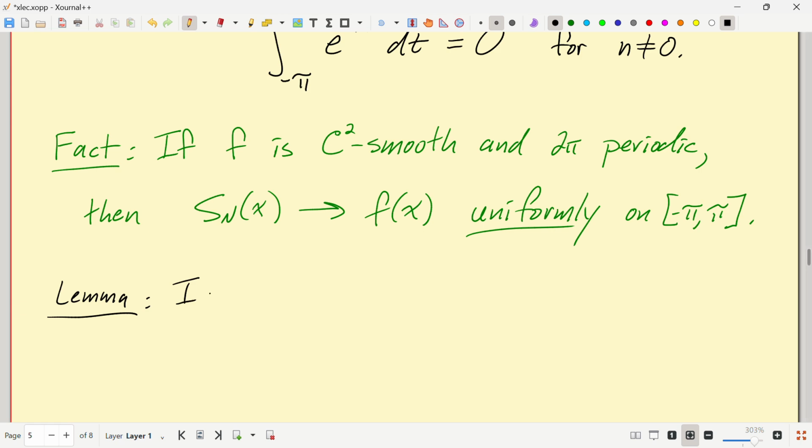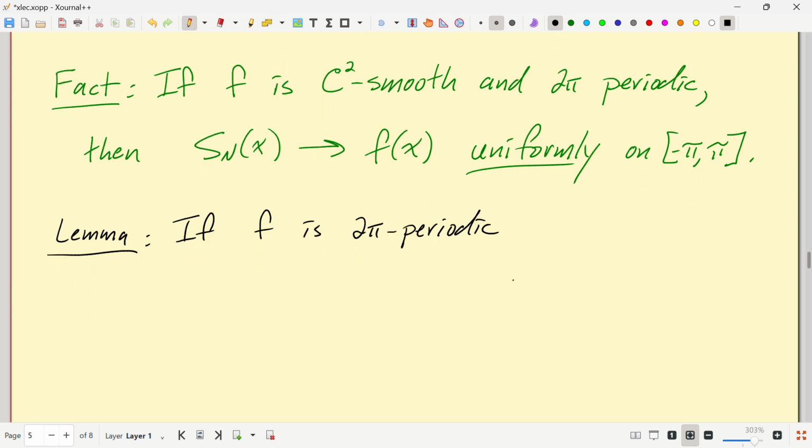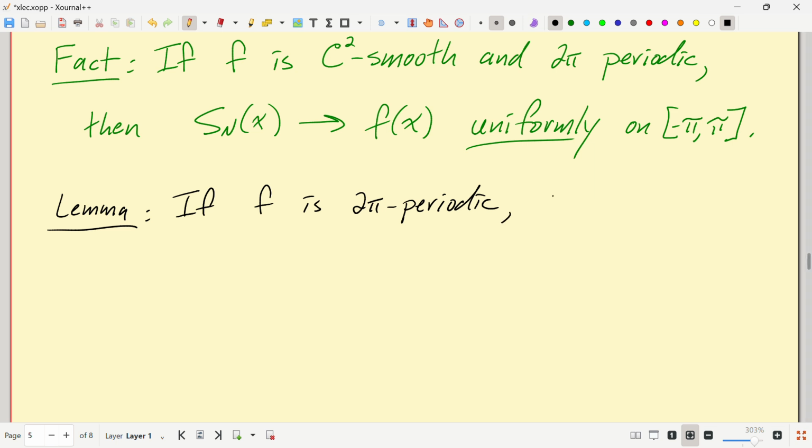If f is 2 pi periodic, then it doesn't matter what interval you integrate f on. The integral from minus pi to pi of f of t dt is the same as the integral from a minus pi to a plus pi.